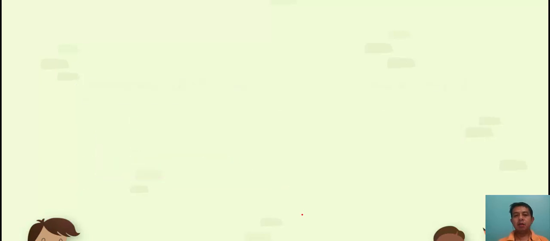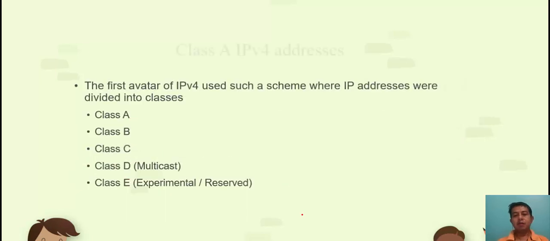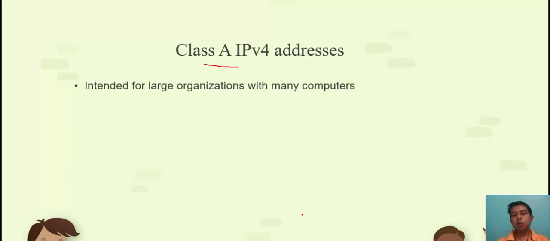They thought that every organization in the world can be classified into 3 parts: some organizations are large or huge, some are middle level organizations, and some are small level organizations. And so they divided the IPv4 addresses into these 3 classes. One class will be for large organizations, one class for middle level organizations, and one class for small level organizations.